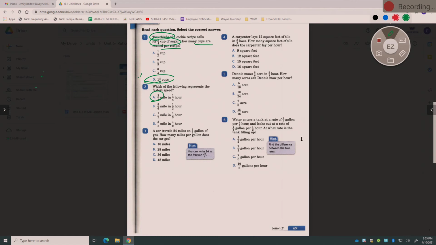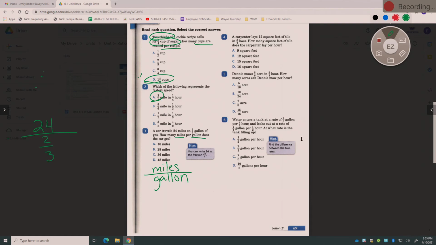Number 3, a car travels 24 miles on 2/3 gallon of gas. How many miles per gallon does the car get? So we go miles per gallon. So we're looking at 24 miles over 2/3 gallon.